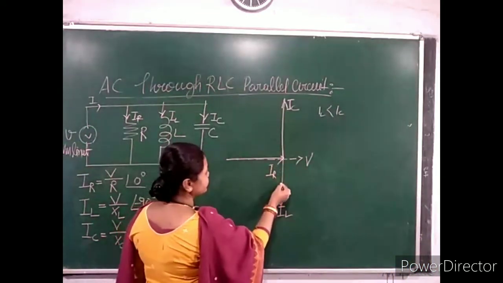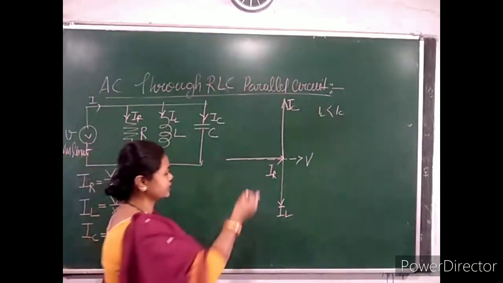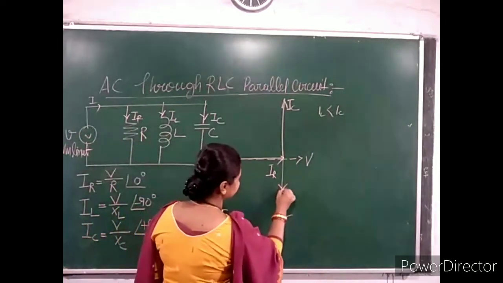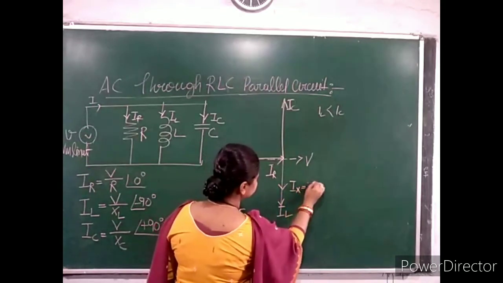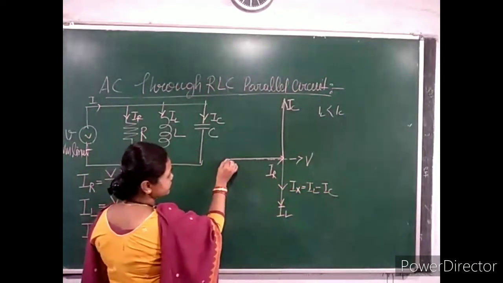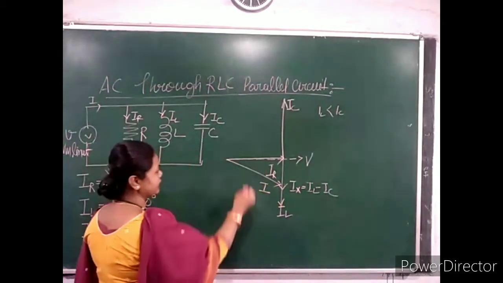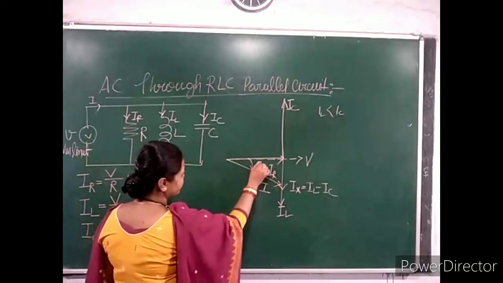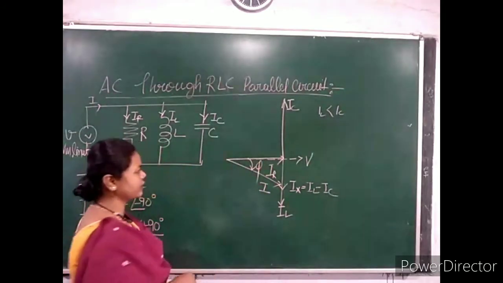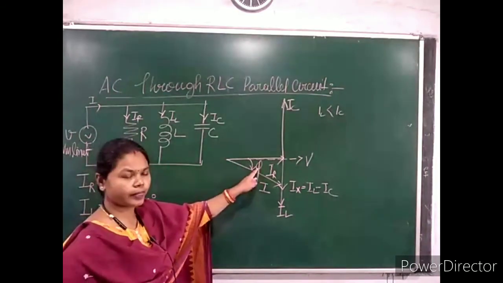The resultant, which you get by the subtraction of these reactive currents, is Ix. Let it be IL minus IC. So in this case, the total resultant current is I. The phasor angle or power factor angle between voltage and current is here phi.